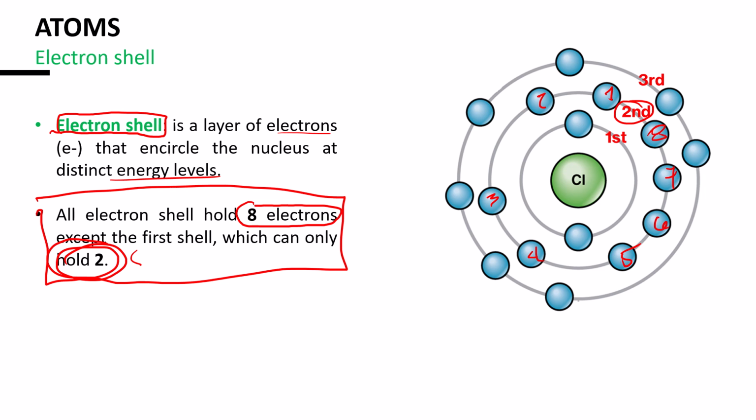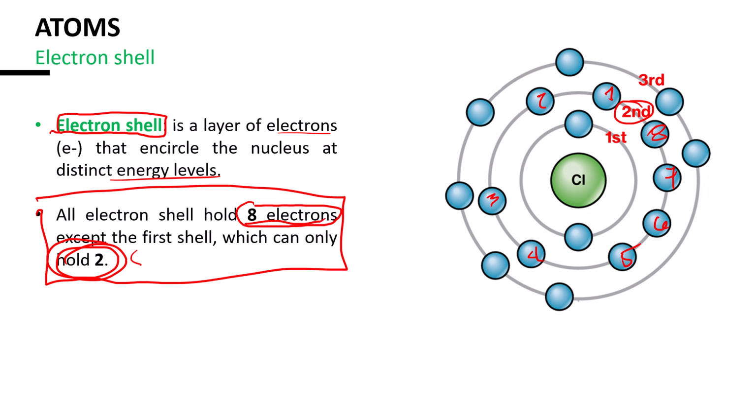If the atom has more electrons, they must be in the third energy level because you cannot hold more than 8. And in this case, we can see here a third. What is the maximum amount of electrons you can put in a third electron shell? 8. So for all the energy levels or for all the electron shells, the max amount of electrons, again, that you can put there is 8.